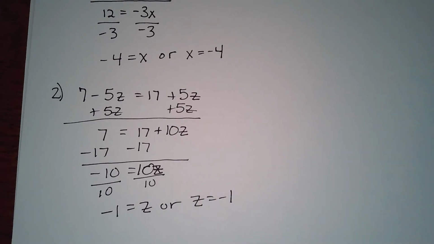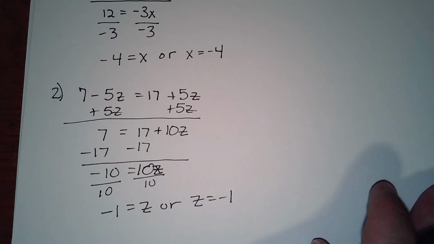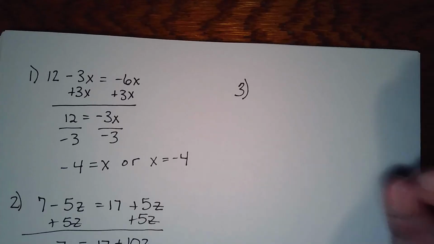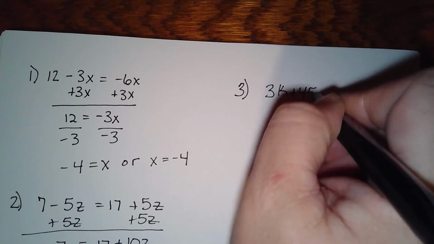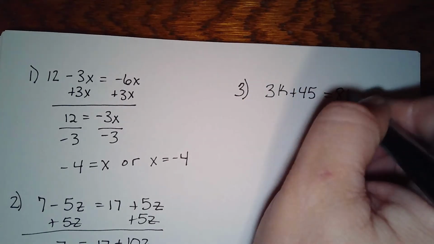Okay, so that is number 2 if you have questions. Now back to number 3. We have 3k plus 45 equals 8k plus 25.